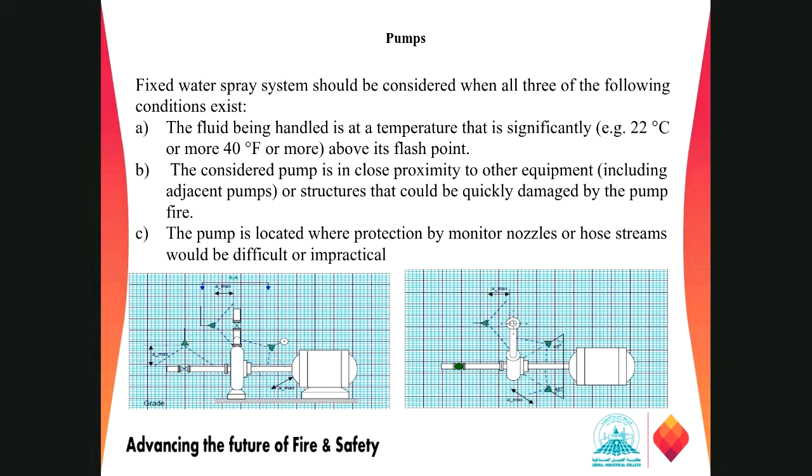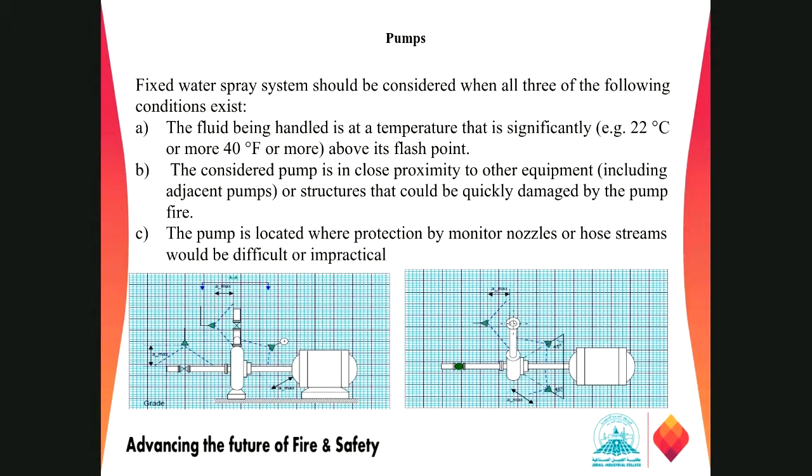Now we are going one by one through all the equipment which is protected by a water spray system. We'll look at the protection required for different arrangements, right? A fixed water spray system should be considered when all three of the following conditions exist. Normally not all pumps require a water spray system, but if they meet the three requirements, A, B, C, we need to locate the nozzles for the process pumps.